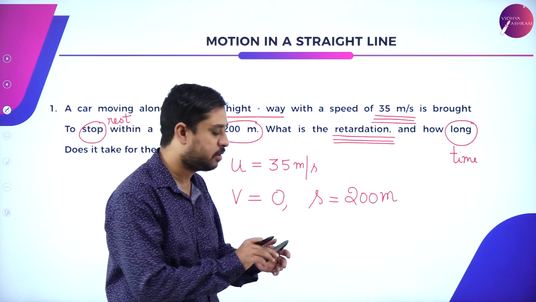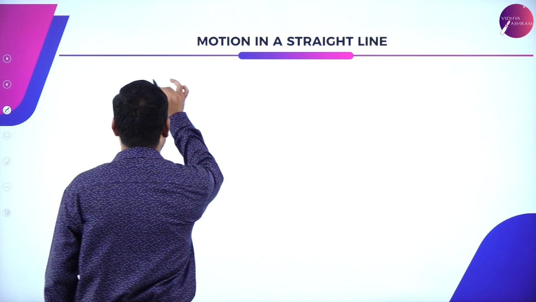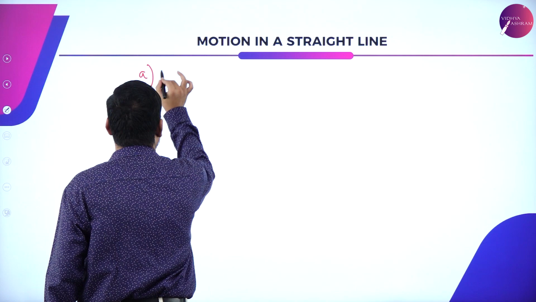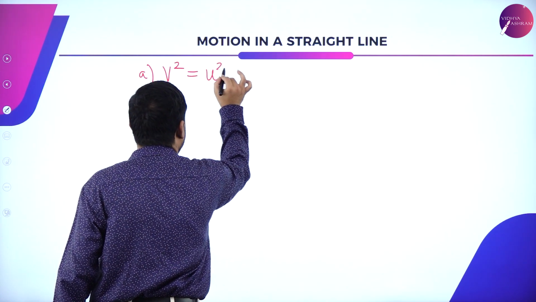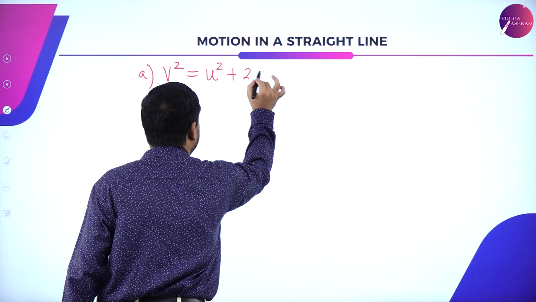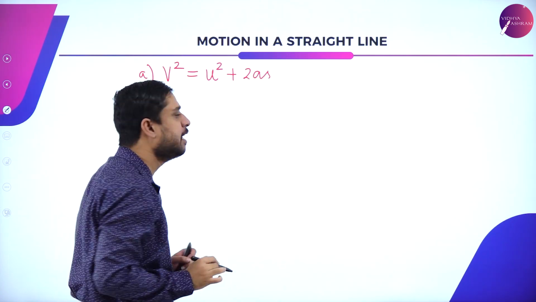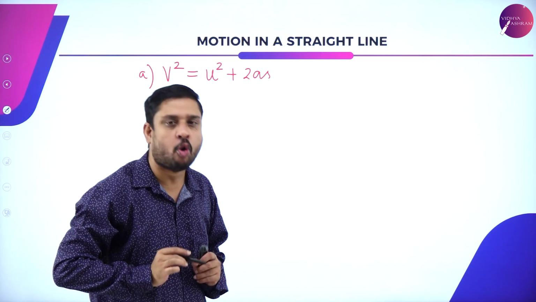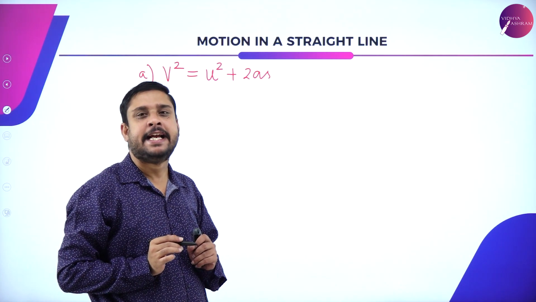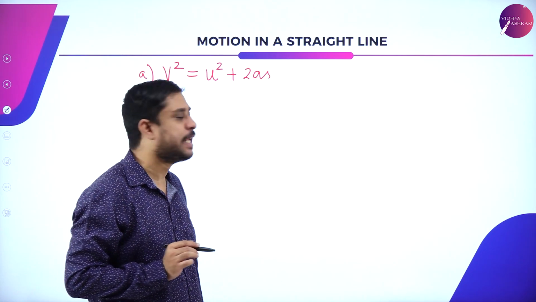The third one. So we say, v square is u square plus 2as. Yes. See the equation of motion which is independent of time.